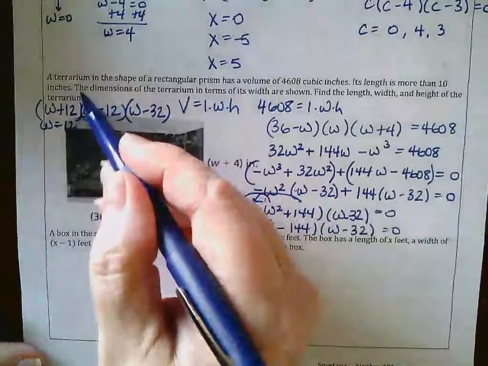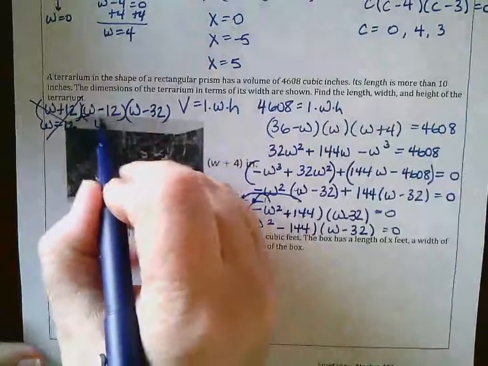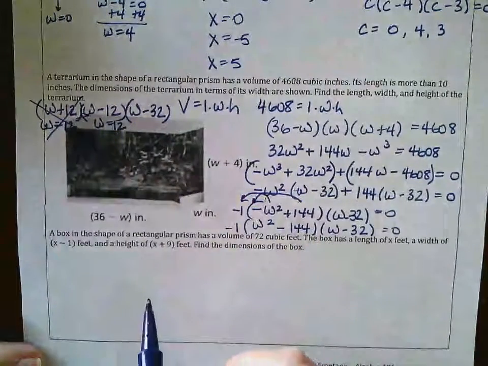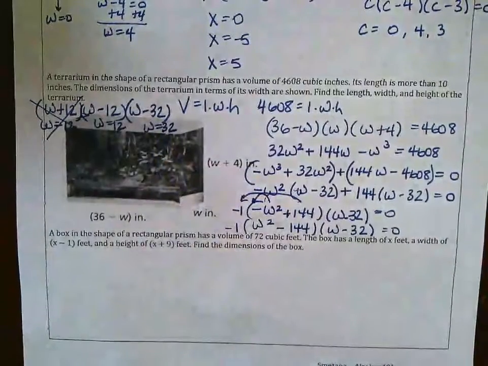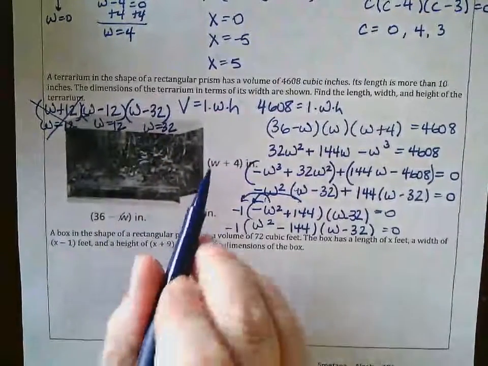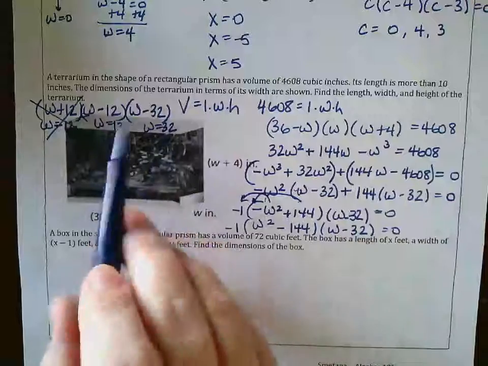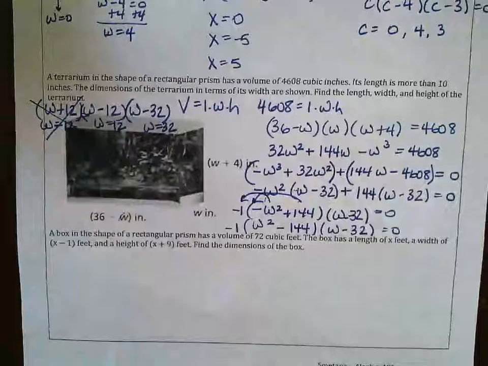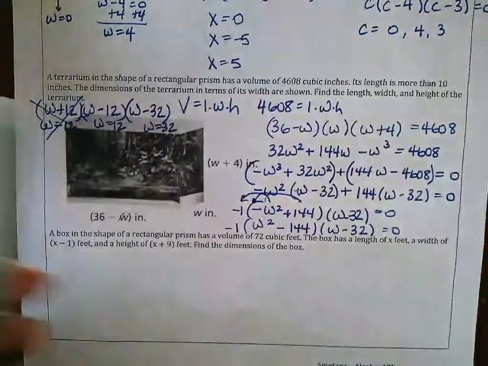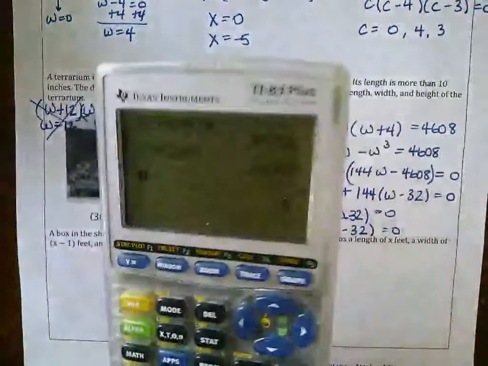So that's not going to be an answer. It could be w equals 12, that could be an answer, or w equals 32. Once you plug these back in and multiply them, you'll figure out that both of these are answers.